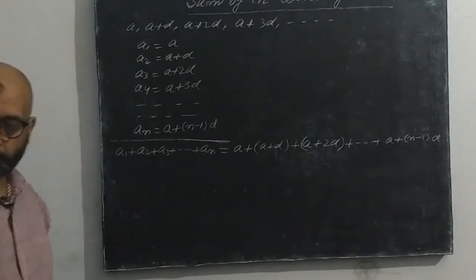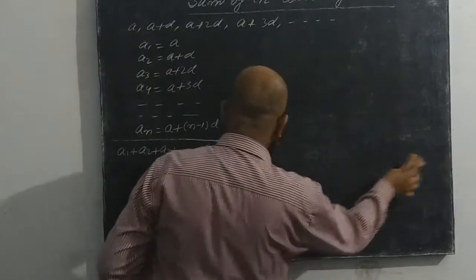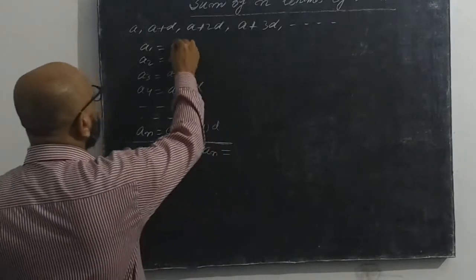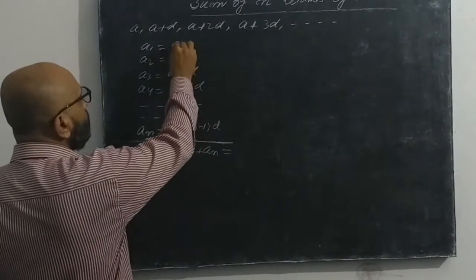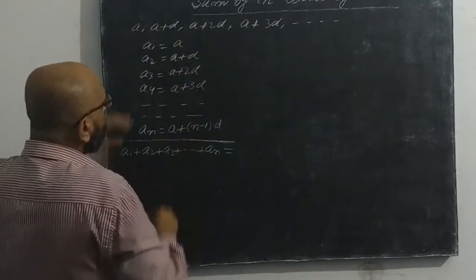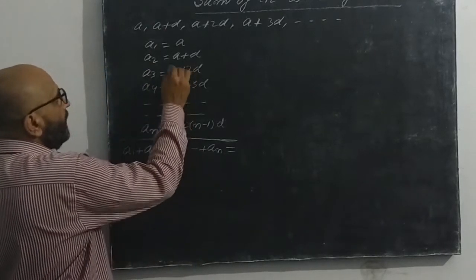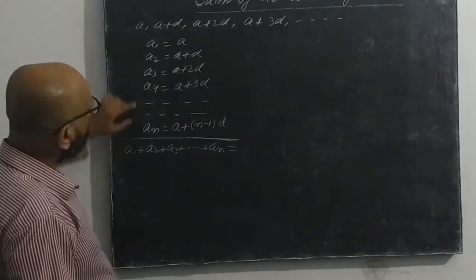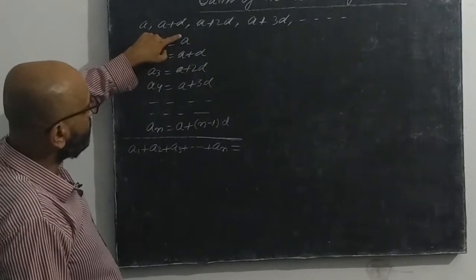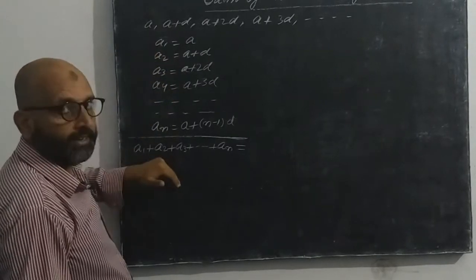Or you simply write it as, we better write it vertically. So if we see a plus a plus a plus a, these a are added n times. There are n equations, and so this term, which is constant in every term, is added n times.